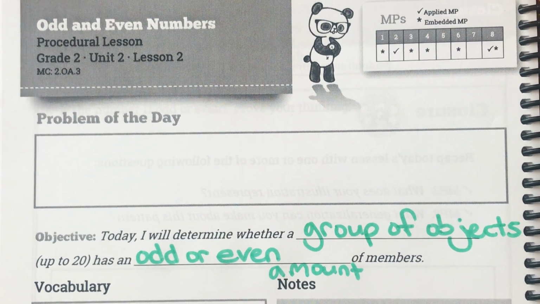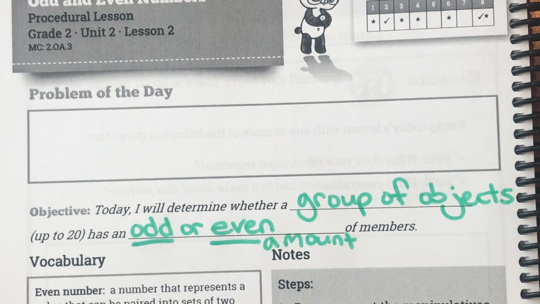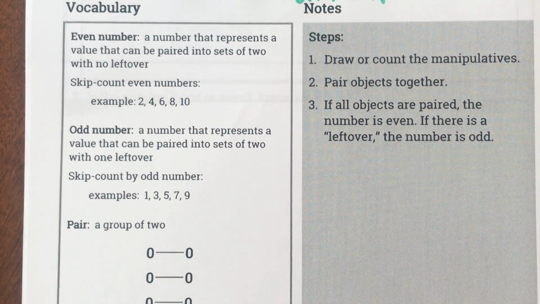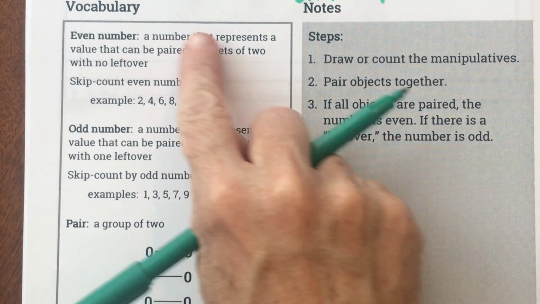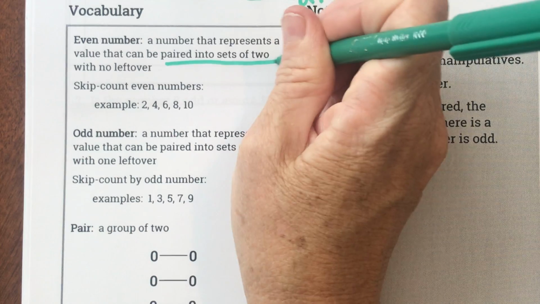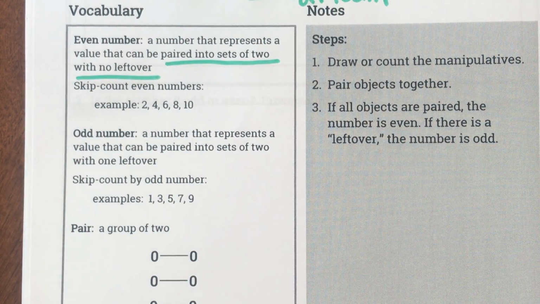So remember our keywords, friends, are odd and even. Okay, so yesterday we looked at this and we said that an even number is a number that represents a value that can be paired into sets of 2 with no leftover. That's what even means, that they're paired in sets of 2 and there's no leftover.